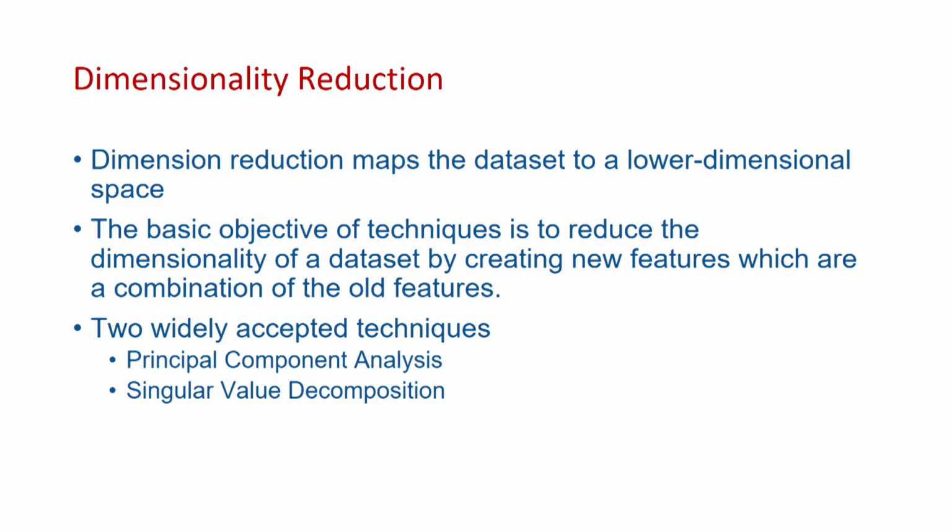So, we will see a few dimensionality reduction techniques later. Two very important techniques are principal component analysis and singular value decomposition. As I already told you, there are two types of dimensionality reduction techniques.